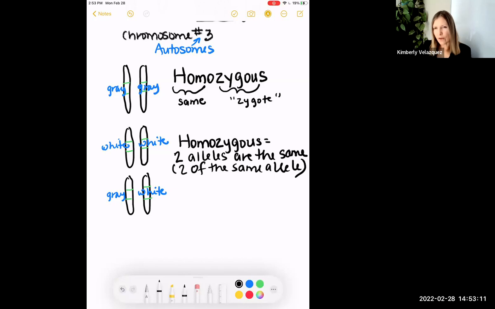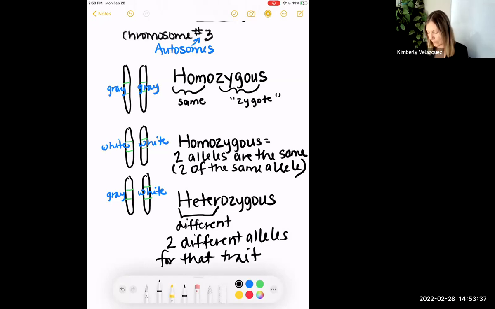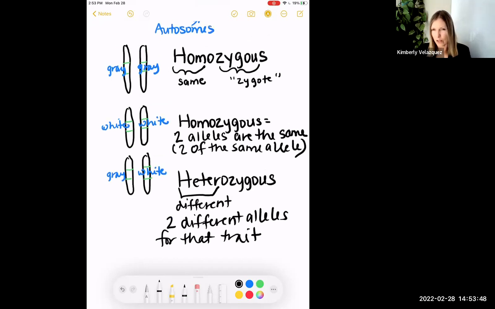This third individual, though, both those versions are different, and this individual is called heterozygous for this trait. Hetero means different. And that means this individual has 2 different alleles for that trait. Now we need a term to differentiate between having 2 gray versus 2 white.